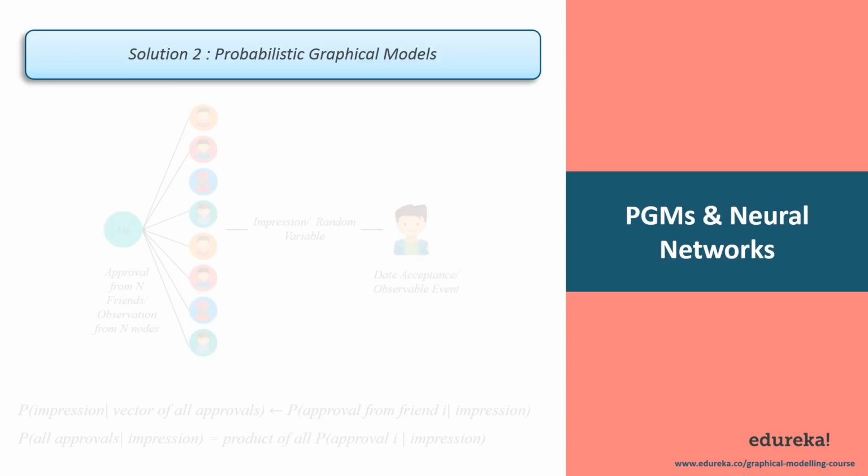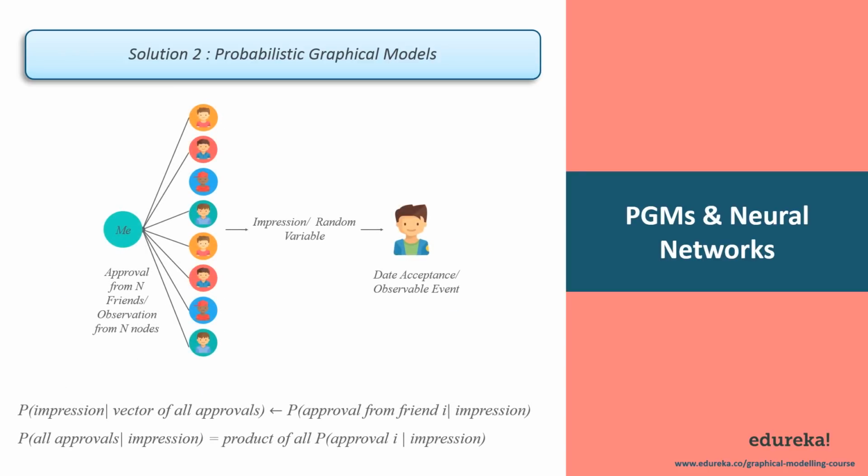In this case, I have to estimate the conditional posterior probability using the probability of approval from each of my friends. Now, going from the approval of one friend to all the approvals is hard. Usually machine learners tend to assume the conditional independence of all n approvals, so they take the product of the probabilities of all the approvals.